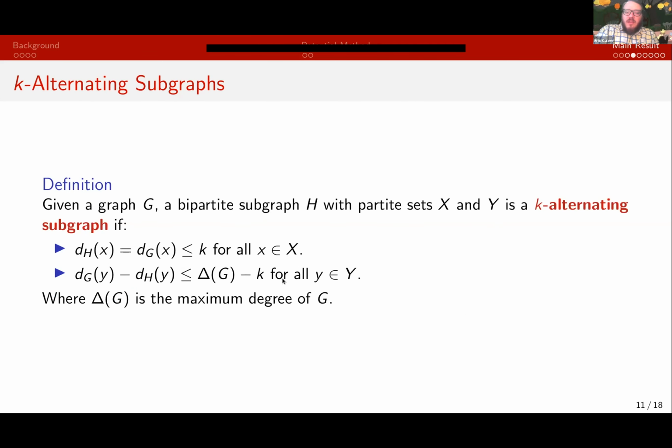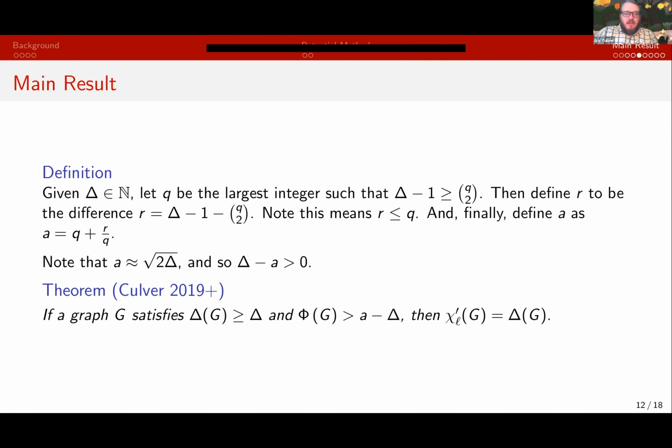It looks really strange, but it's just a condition on the degree of the vertices in one of the two parts. This K alternating subgraph is a bipartite subgraph. And using this condition, this is where we'll find the extra charge that's left over when we're looking into our discharging argument. So this is the main result at the bottom here.